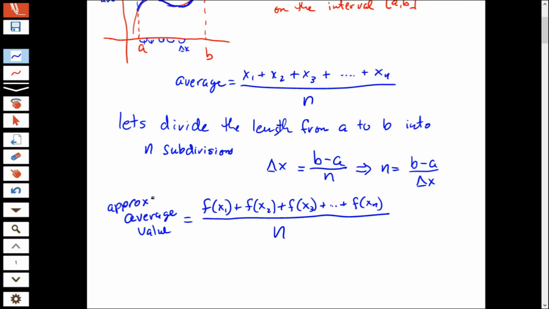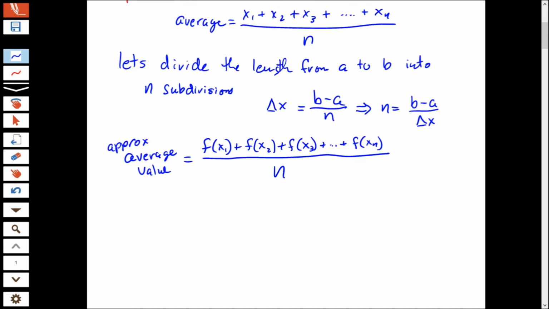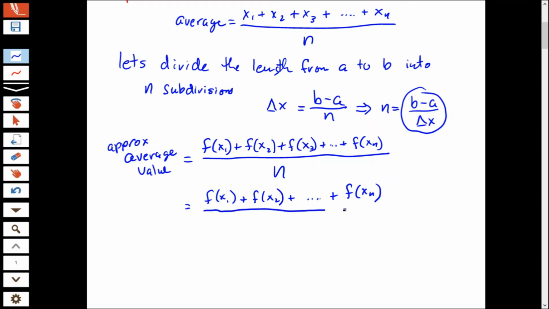Okay, all right, so now I'm going to substitute this in for n. This is going to give me f of x1 plus f of x2 and so on, all the way up to f of x sub n, and now this is over b minus a over delta x, right?